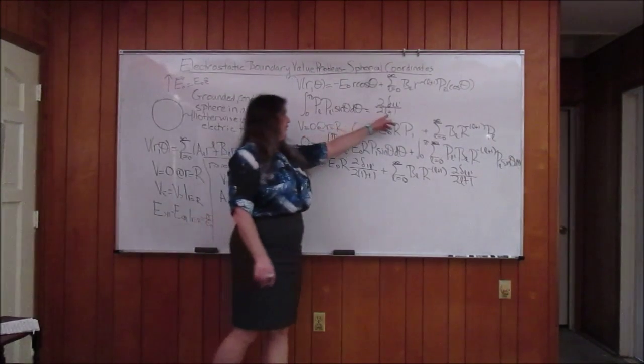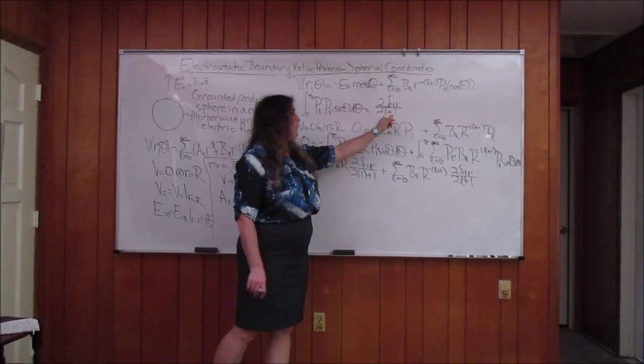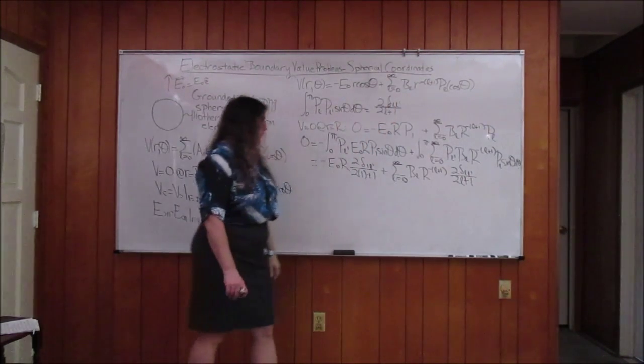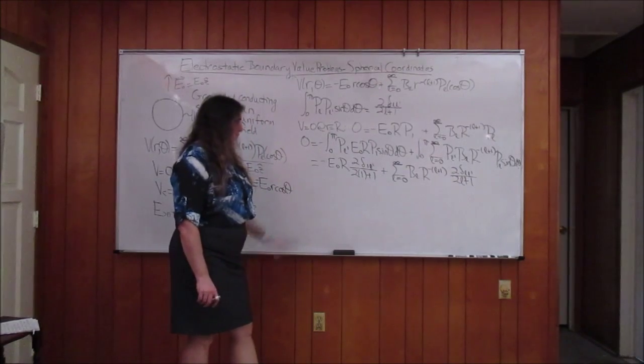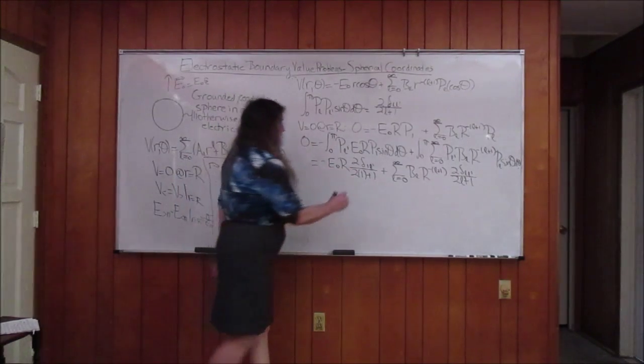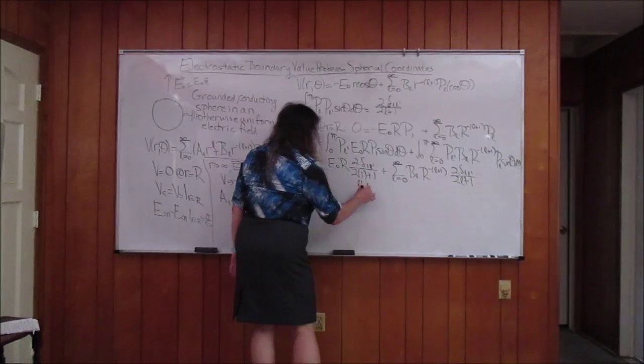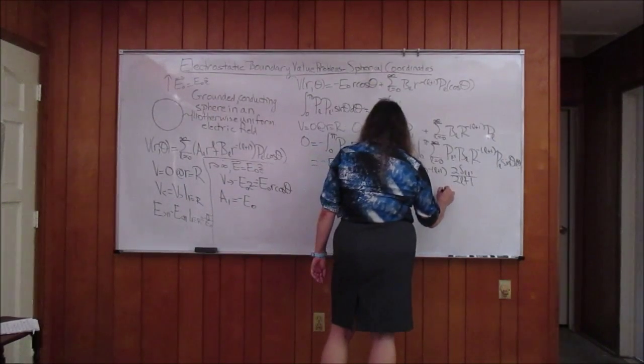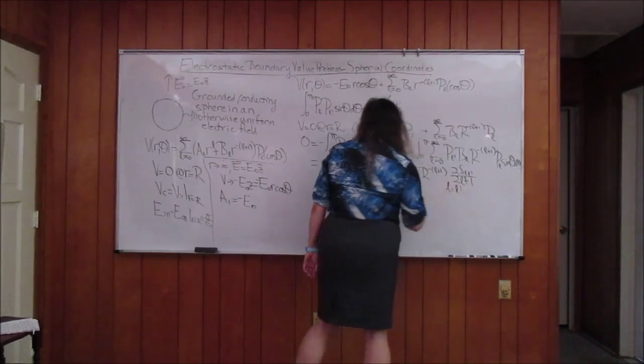And because of this Kronecker delta, it doesn't really matter whether you put L or L prime here. It's the same difference. Okay, so what this first term tells you is that L prime is equal to 1. Second term tells you that L is equal to L prime.